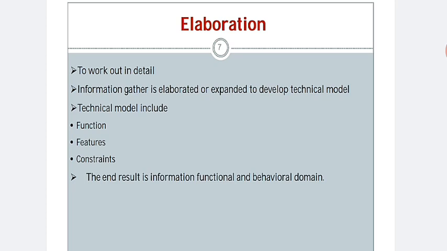Then the end result is the information, function and behavior domain. Whatever result comes from this model is the information, function and behavioral domain.